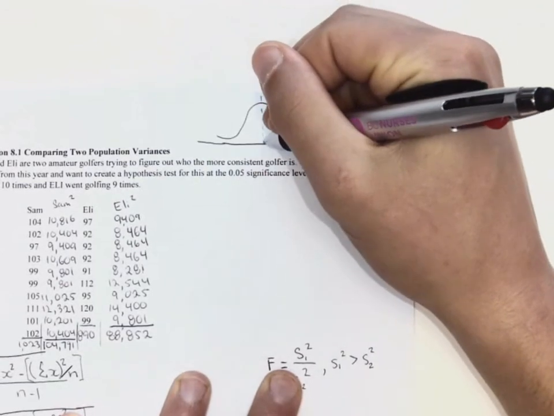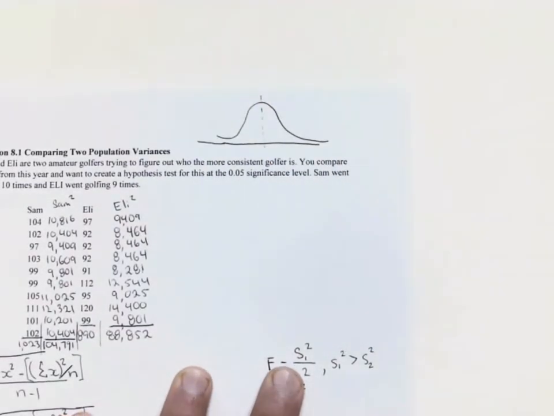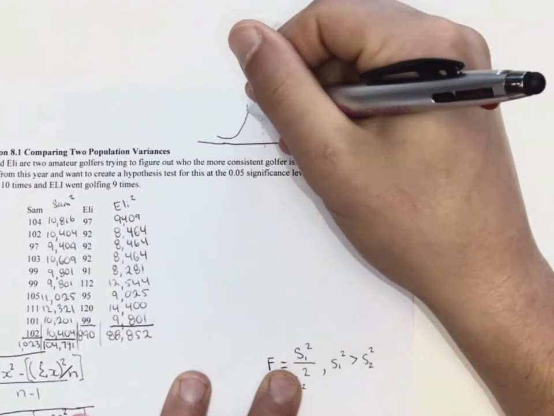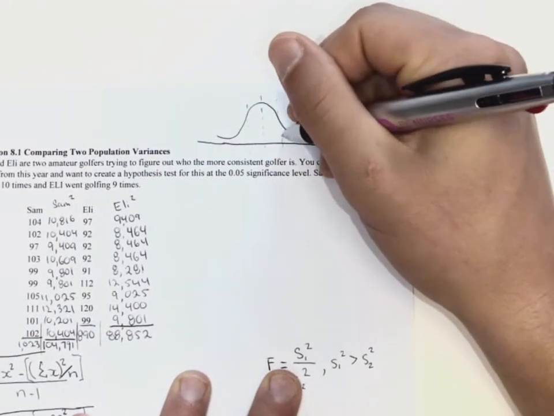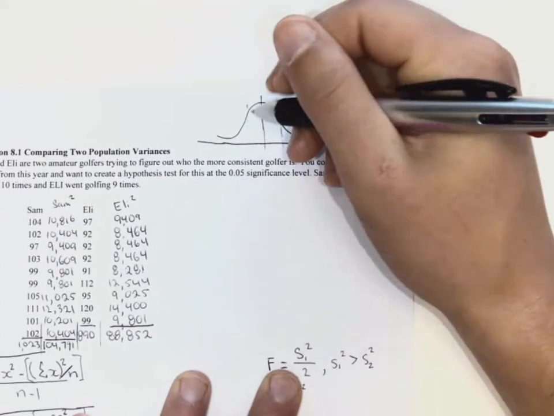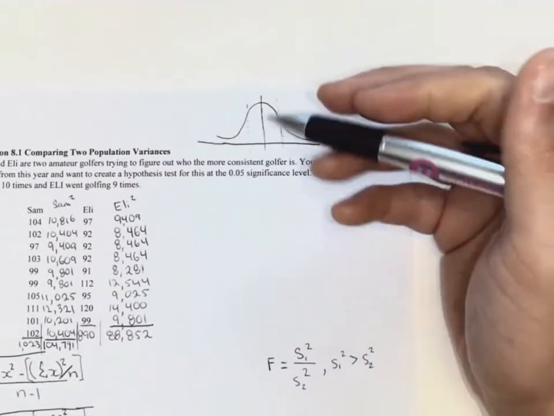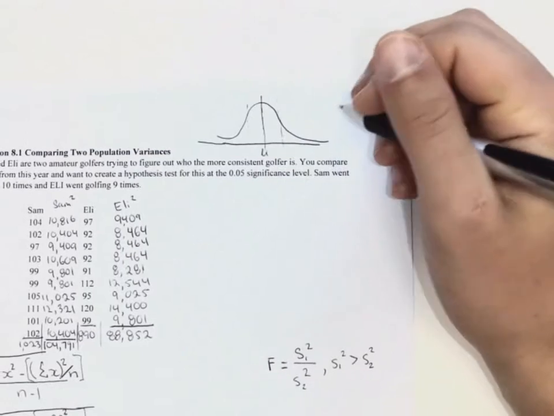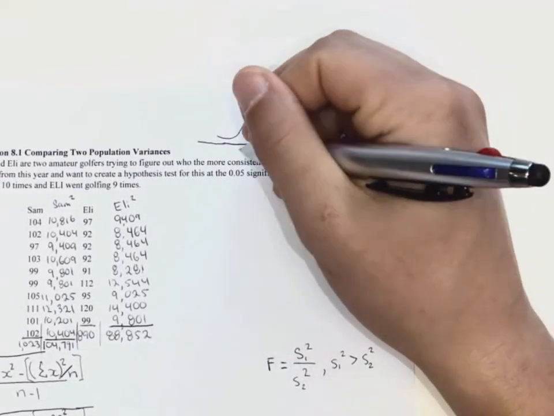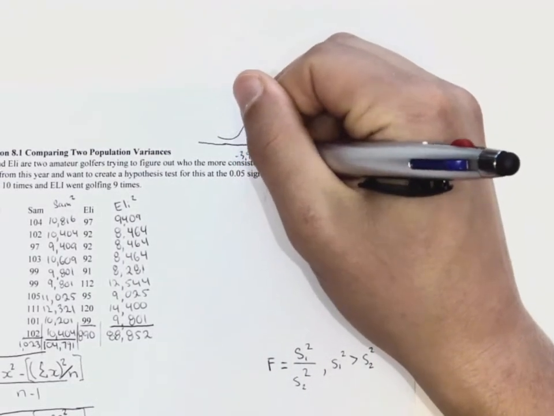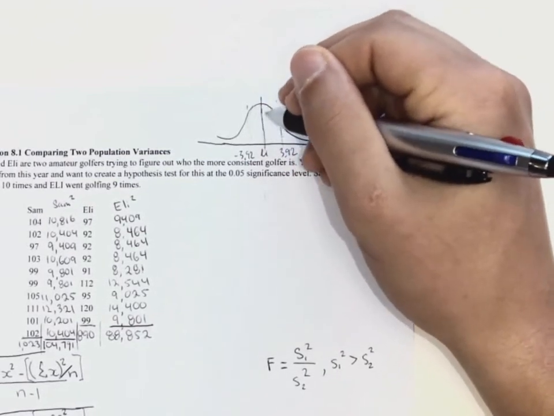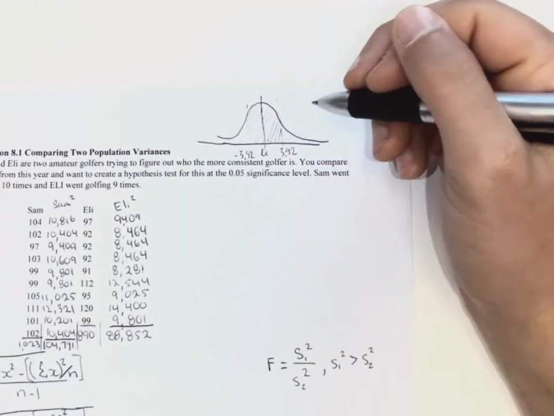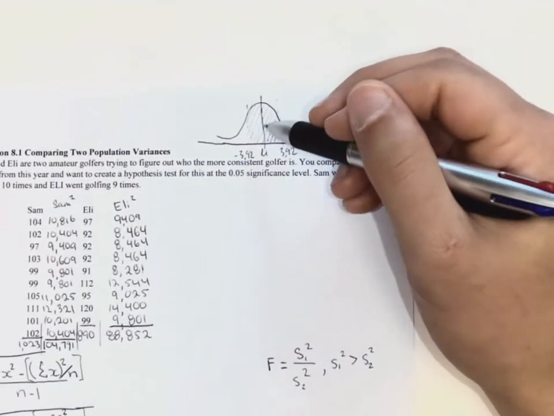If the mean is here, and one standard deviation to the left, one standard deviation to the right, for Sam, here's his mean. He could be minus 3.92 off his mean, or plus 3.92, and there's a 68% chance based on our sample that it will fall in this range.